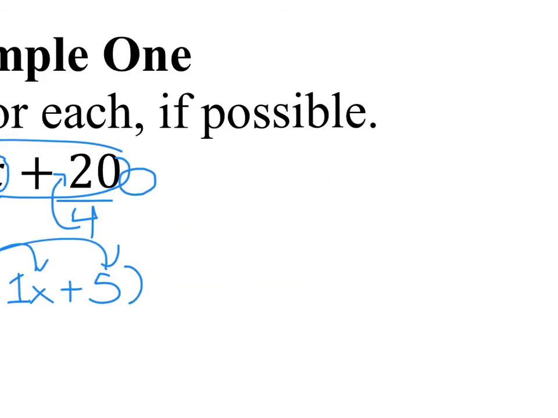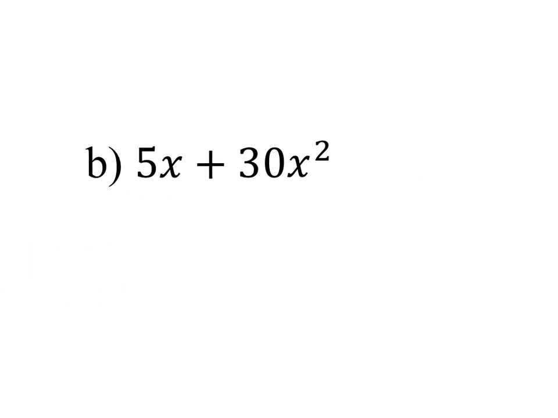Okay, let's look at another example. 5x plus 30x squared. So again, between 5 and 30, what's the smallest number? That's right, it's a 5. Does a 5 go evenly into a 5 and into a 30? Yes, it does. Now what we're going to choose is the smallest variable.